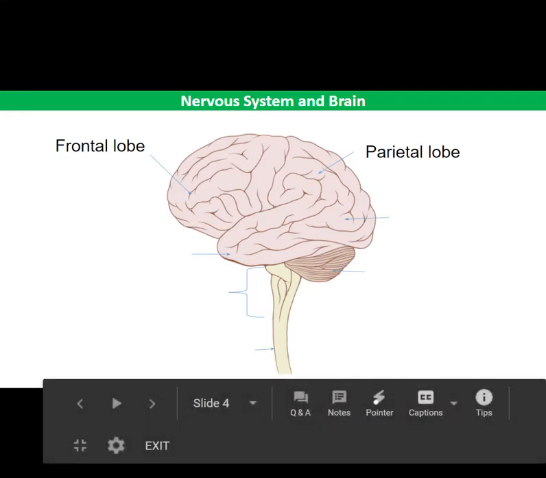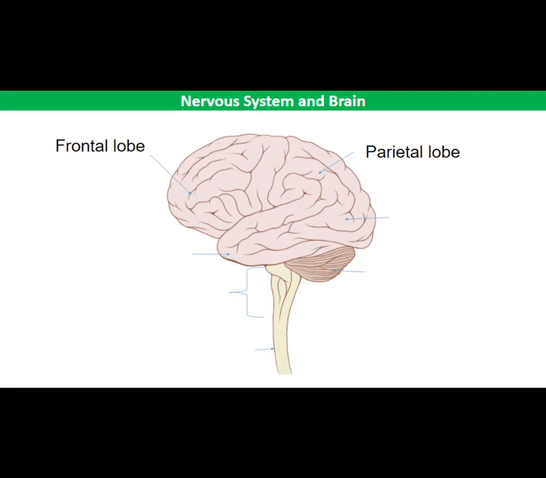Here we've got the parietal lobe. The parietal lobe is concerned with orientation, movement, sensation, calculation, and some types of recognition and memory. The occipital lobe, or the visual cortex, is concerned with the processing of information from the eyes, including vision, colour, shape recognition, and perspective.